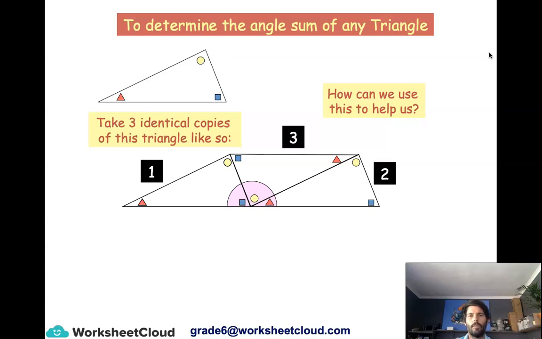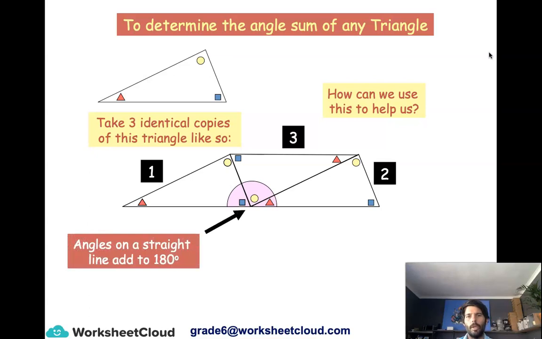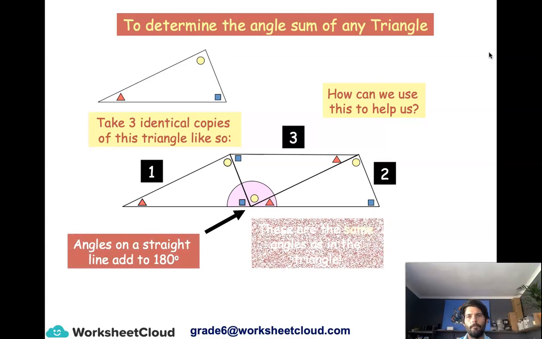You can also look at that pink semicircle as half a circle, and we know that in a full circle it's 360 degrees, so in half a circle it must be 180 degrees. Within that pink semicircle, it's got a blue square, a yellow circle, and a red triangle, and each of the triangles have that, so therefore the angles in a triangle add up to 180 degrees.